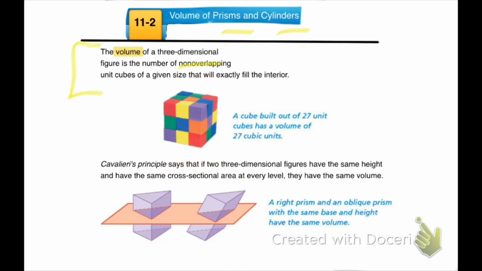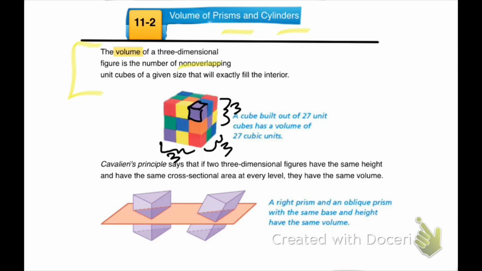So when we look at a cube, this is a 3 by 3 by 3 cube, just like a Rubik's Cube. How many of the individual cubes here would make up my three-dimensional cube?